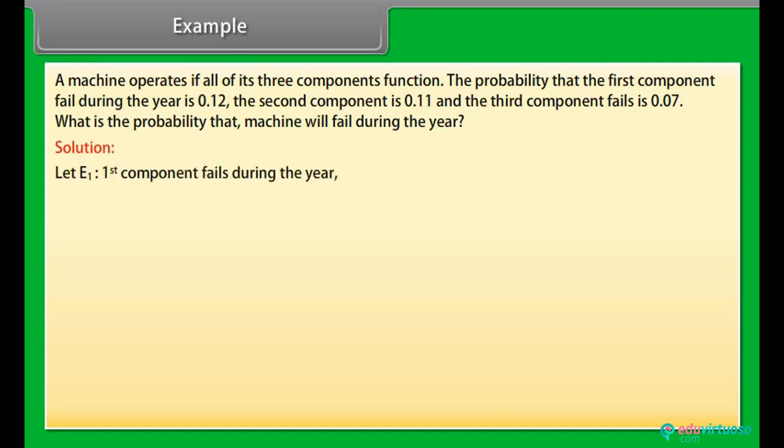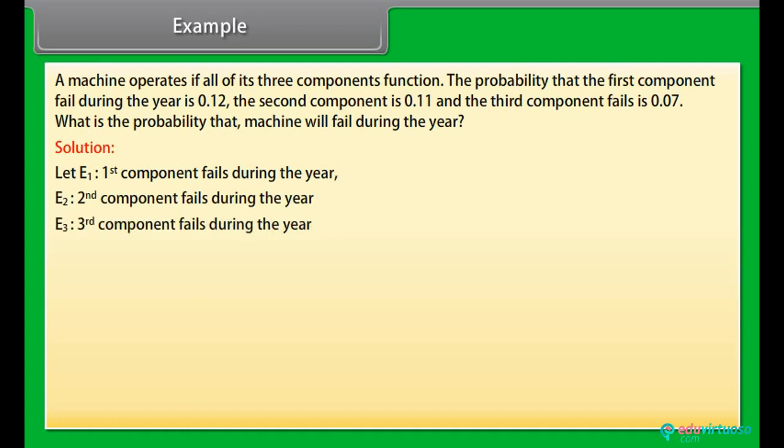Let E1 be the first component fails during the year, E2 the second component fails during the year, and E3 the third component fails during the year. P of E1 is equal to 0.12, P of E2 is equal to 0.11, and P of E3 is equal to 0.07.